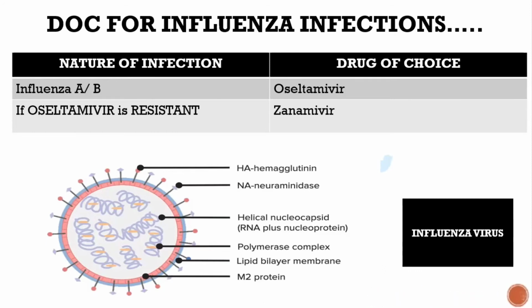It causes body pain and definitely cough, cold, and all the symptoms. So if you are having influenza A or B, then sensitivity based, you can use oseltamivir. And if oseltamivir is resistant, we can use zanamivir. Anyways, there are actually newer medicines also, but here we are talking about drug of choice. We'll come into those details later in future presentations.